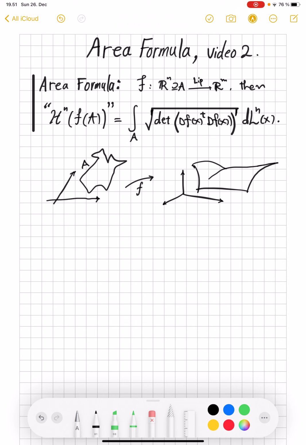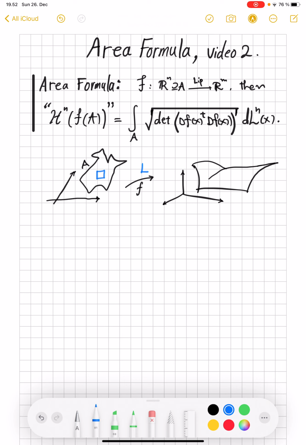The way we will prove this, one proof of the area formula at least, goes as follows. So you break your set A into tiny pieces, only measurable, so they don't need to be as nice as I draw them here. But on each piece, your function f is very well approximated by a linear map L. And that has to do with the derivative of f, of course.